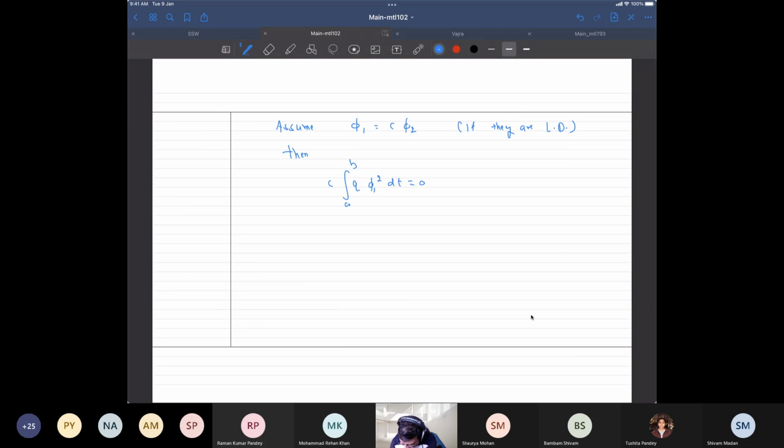Now phi is not a trivial function, so this cannot be 0. This integral will not be 0. So that means c is 0, but that is a contradiction. So phi1 and phi2 are linearly independent.